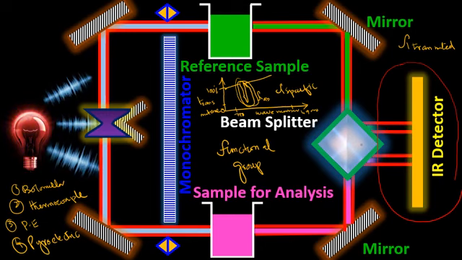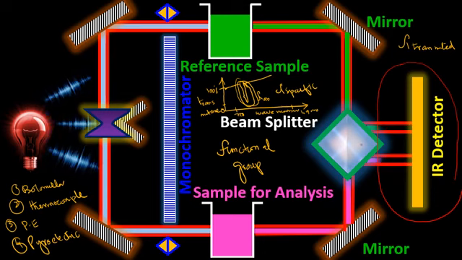The first region consists of the infrared radiation source, optical chopper, mirrors, and monochromators. The infrared radiation is produced by the source, then split into two parts by an optical chopper, and moves forward toward a device known as the monochromator.